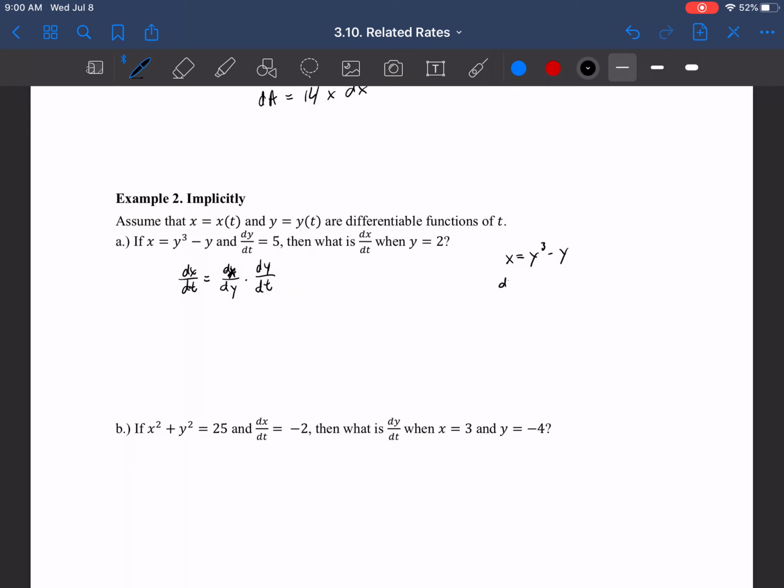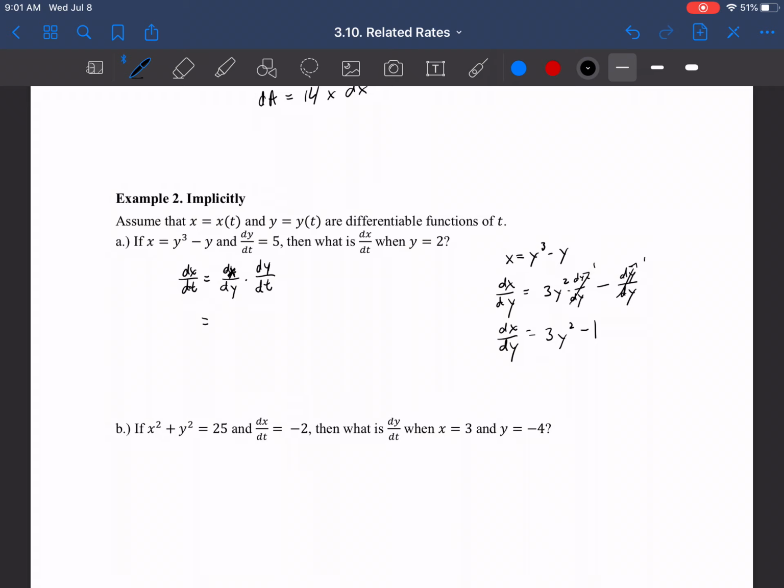And so dx dy is going to be 3y squared times dy dy, which is just 1, minus the derivative of y, which is dy dy. That's a 1, that's a 1. This is 3y squared minus 1. That's what dx dy is.